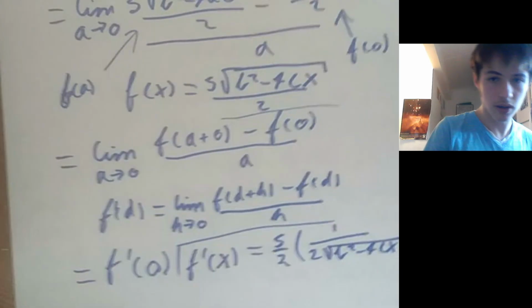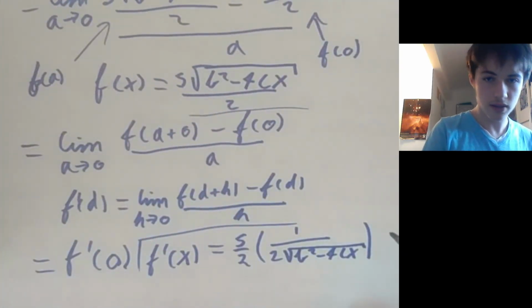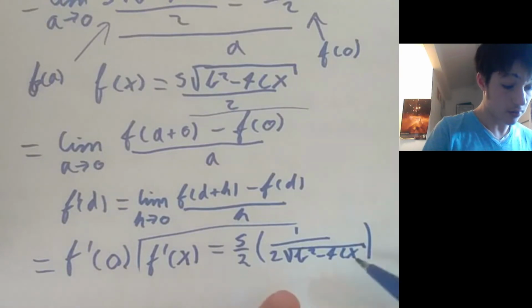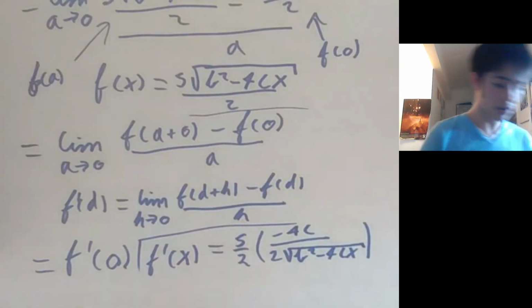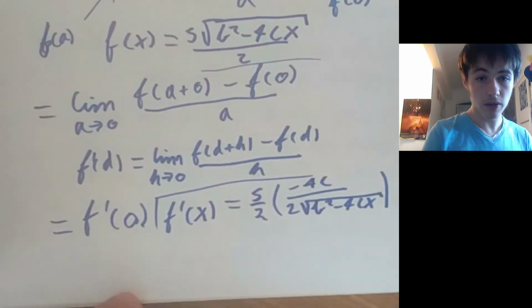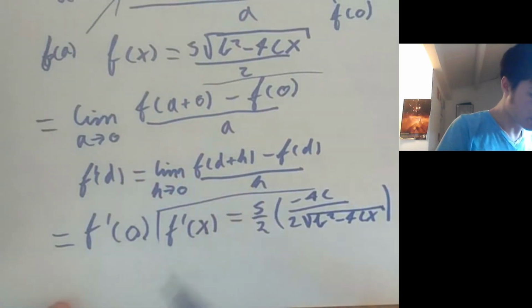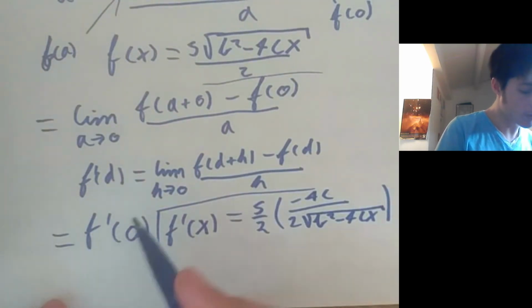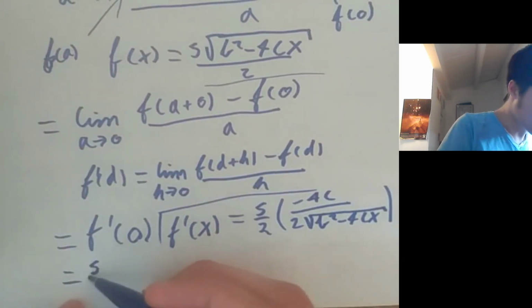And then, oh, it's kind of out of screen, and then we multiply it all by the derivative of the inside, which is negative 4c, so negative 4c on top. And now when we evaluate this at 0, we get that the derivative of f at 0 is going to be equal to, well, first of all we have s over 2.